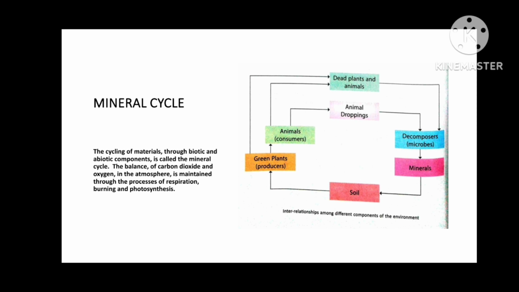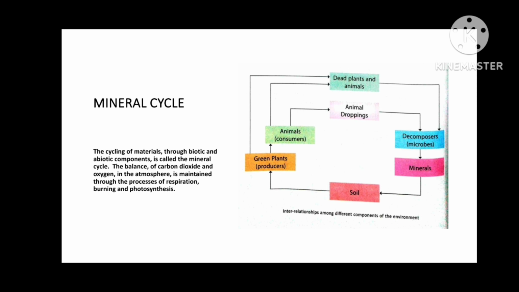Later, these minerals are utilized by green plants for growth. Animals consume the green plants and green parts of the green plants and produce the waste material, that is the animal dropping. Decomposers decompose the animal dropping and fix the minerals into the soil. Later on, those minerals are again used by the green plants.